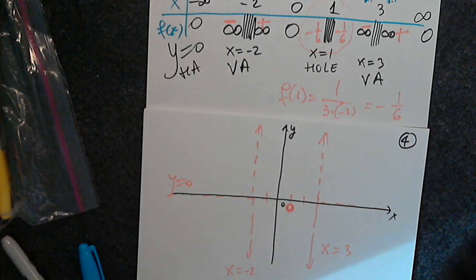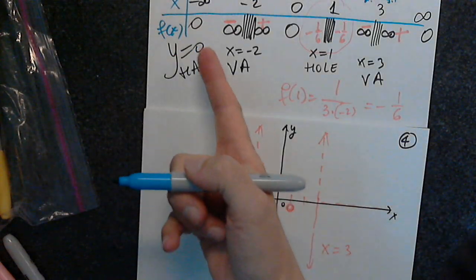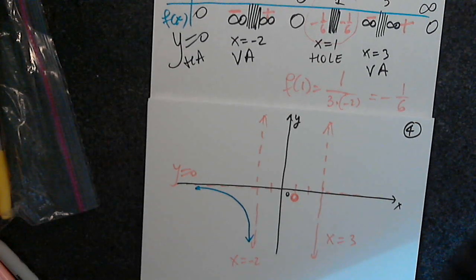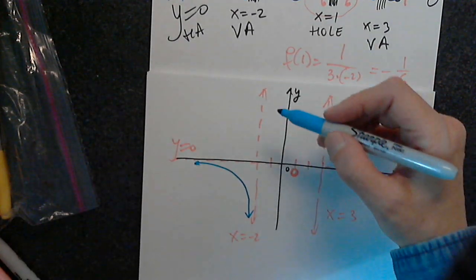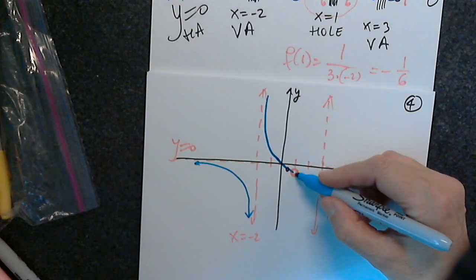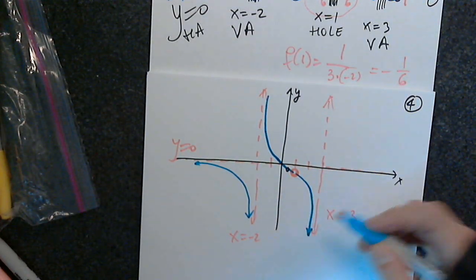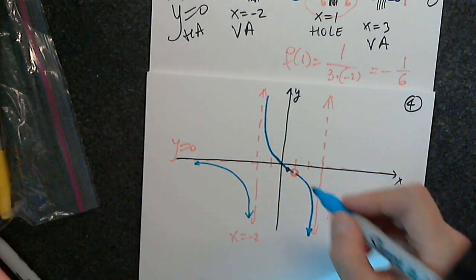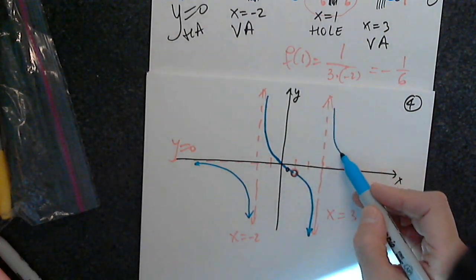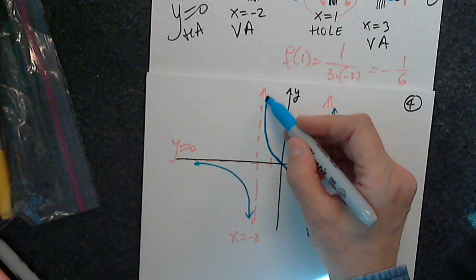Ready? So, from 0 to negative infinity, here it is. From positive infinity, crossing at the origin, going through the open point, and going to negative infinity. And on the last piece, from positive infinity to 0. This is it.